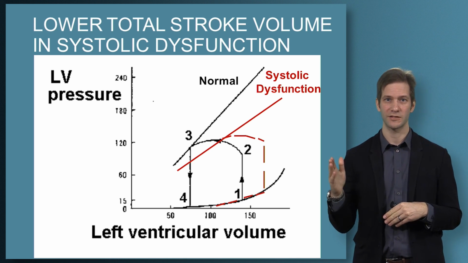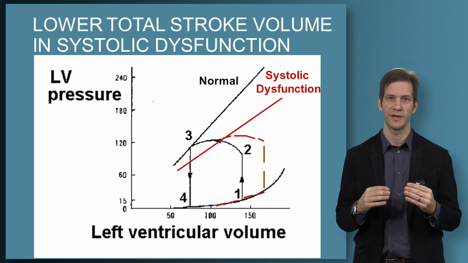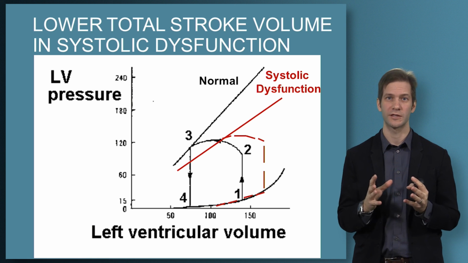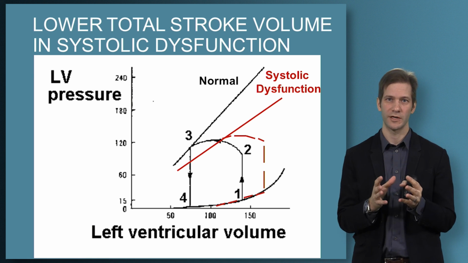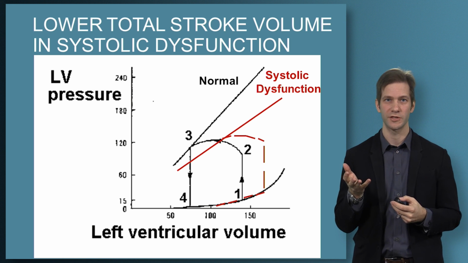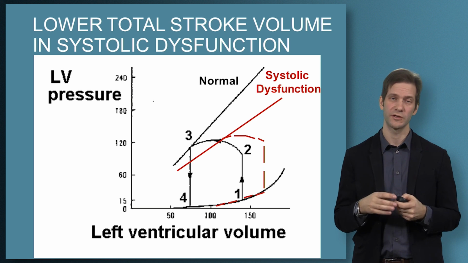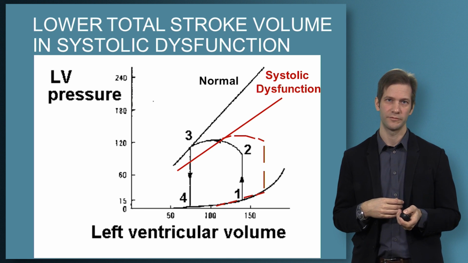At end diastole, the volume in the ventricle is higher because of the eccentric enlargement, but the impaired contractility results in a dramatic reduction in forward stroke volume. So the overall effect, despite the higher volumes, is a reduction in stroke volume and cardiac output.